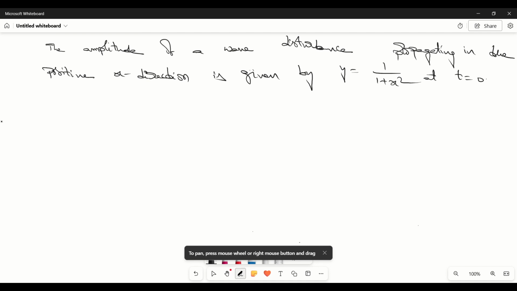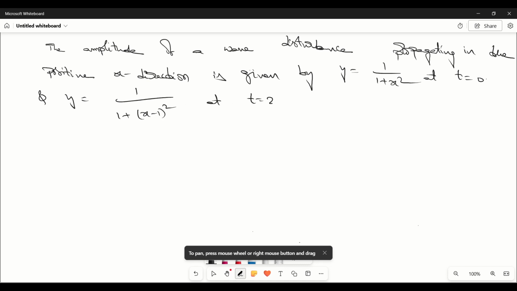So he asked us to find out the velocity of the wave. Here observe that the displacement expression is represented as y equal to 1 by 1 plus x square at t equal to 0, and y equal to 1 by 1 plus (x minus 1) whole square at t equal to 2 seconds.